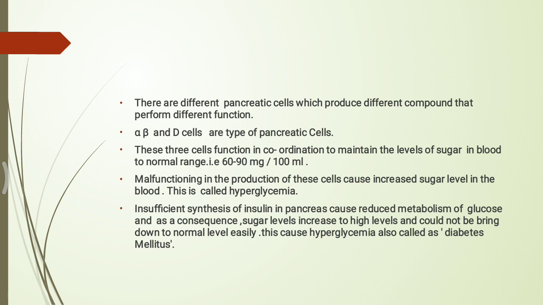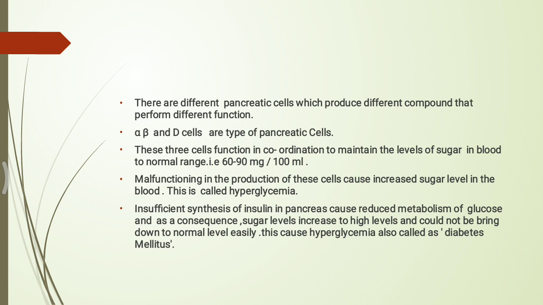The main function of alpha, beta and D cells is to coordinate and maintain the sugar level in the blood, that is 60 to 90 mg per 100 ml.